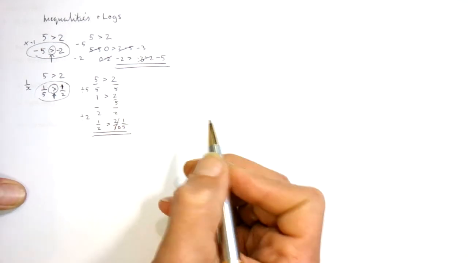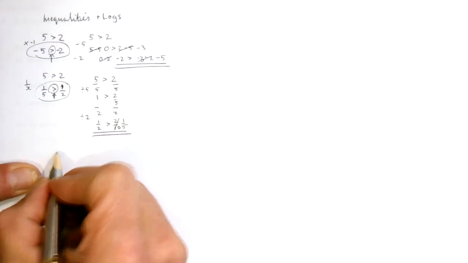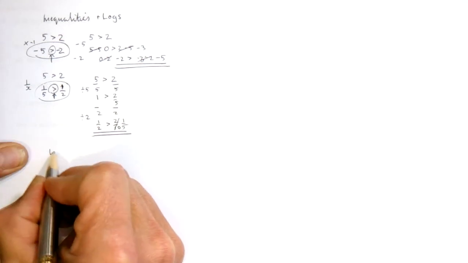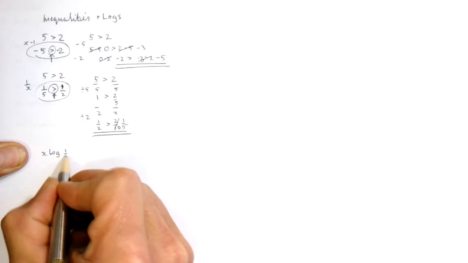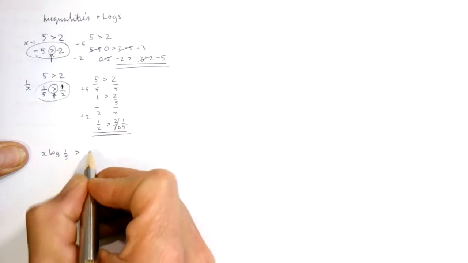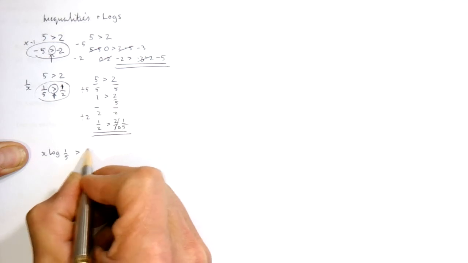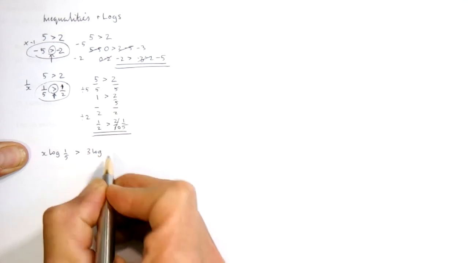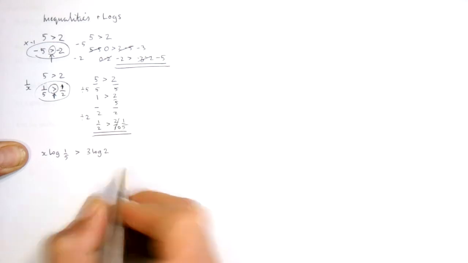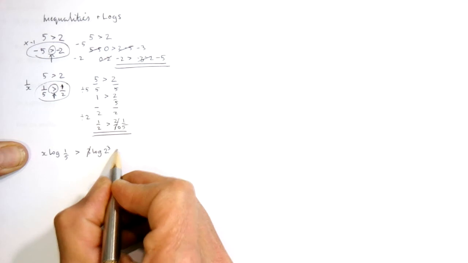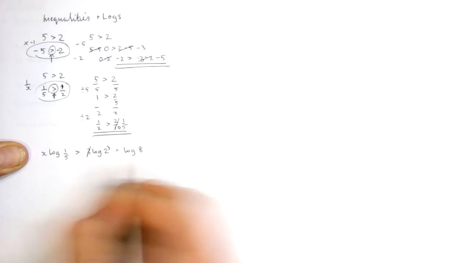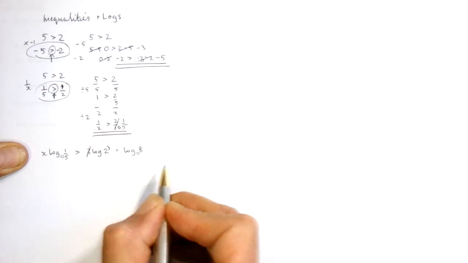Okay, so if I've got a situation where I've got x log of a fifth is bigger than 3 log of 2, then of course that's the same, equals log of 8, any base, it doesn't matter.